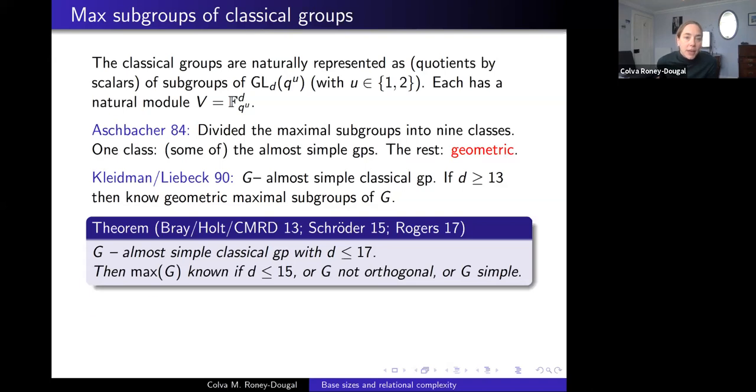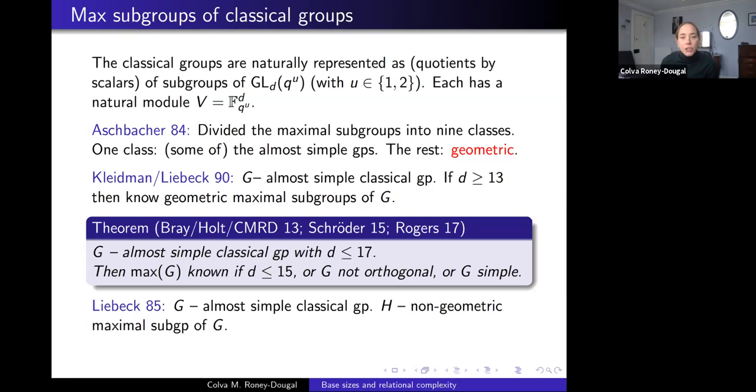What can we say about bigger things than that? Well, once again, it's a theorem of Martin Liebeck, this time from 1985, which says that if G is an almost simple classical group, and H is a maximal subgroup of G that's not geometric, so it's in the class containing almost simple groups. I don't want to just call it almost simple because some geometric subgroups are almost simple.